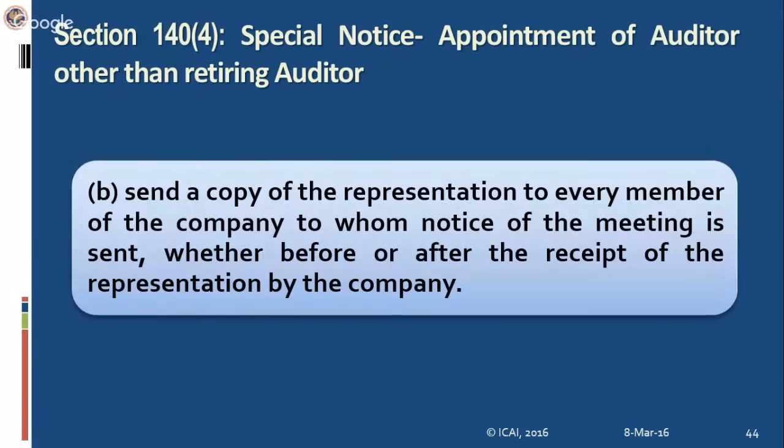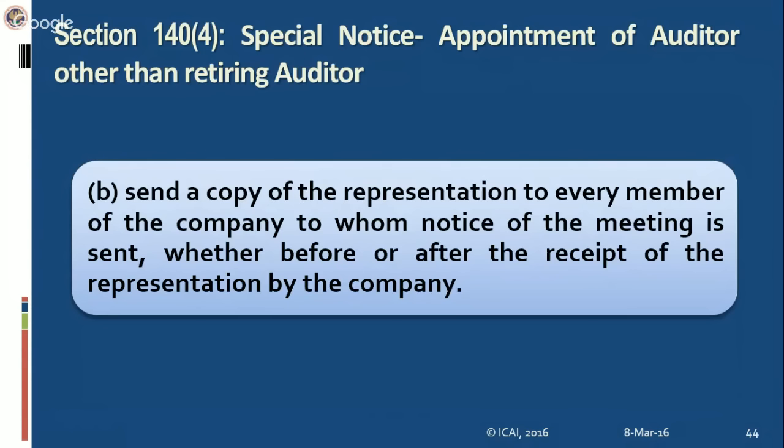Or B, send a copy of the representation to every member of the company. So first, in any notice to the members, state the fact that representation has been received.